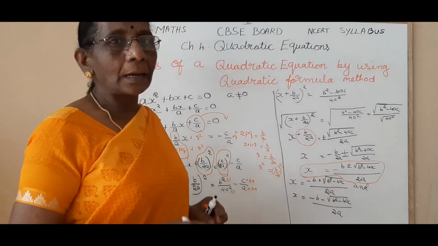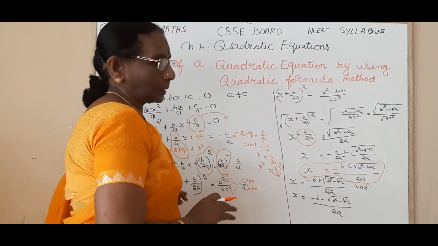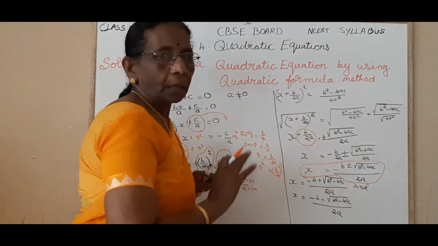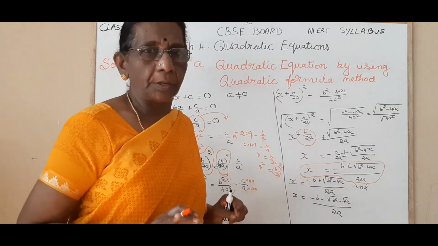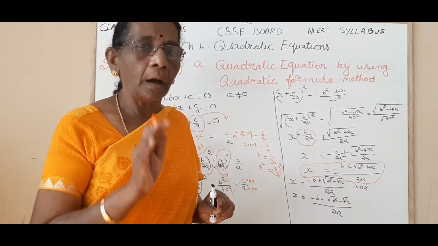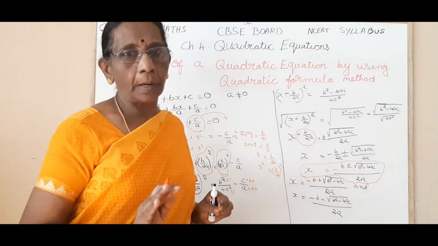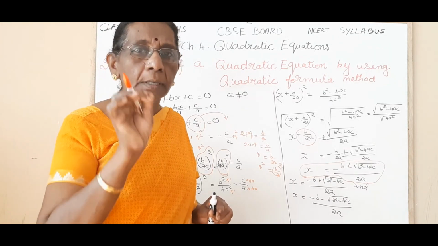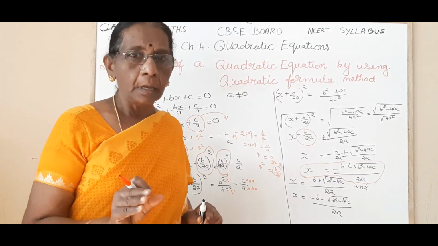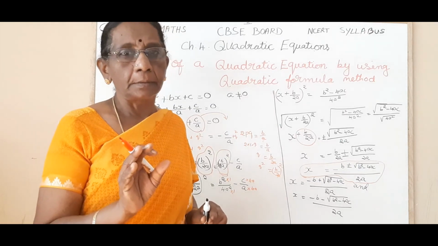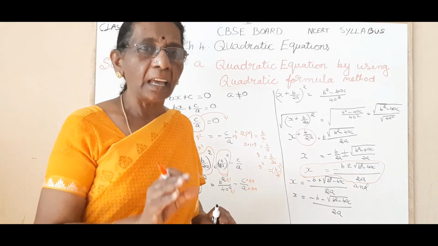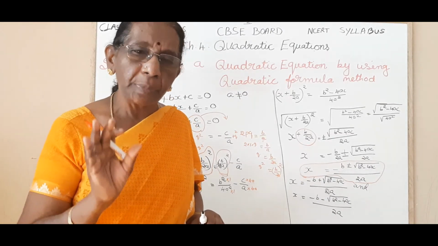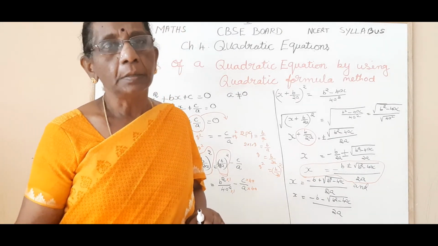Okay, since the completing the square method is not in your syllabus, this derivation will not be asked in the examination. But you should know how we are getting the quadratic formula. What is the quadratic formula? You should know the quadratic formula gives the solutions of the standard form of the quadratic equation ax squared plus bx plus c is equal to 0.